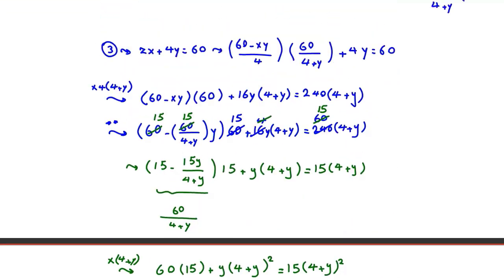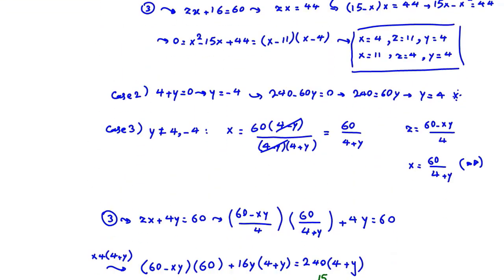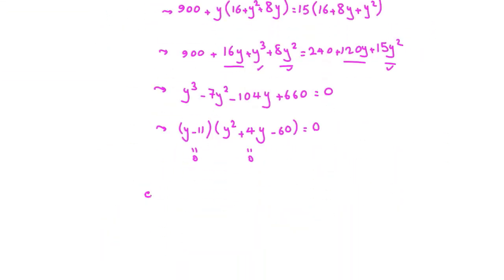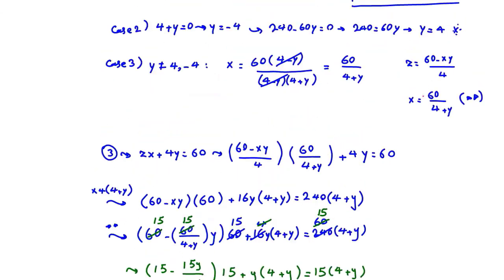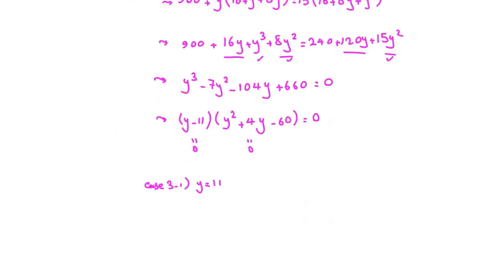If the first one is 0, let's check, for example, it was case 3, 1. Y equal to 11. And what was x here? X was 60 over 4 plus y, which will be 60 over 15, which is 4.